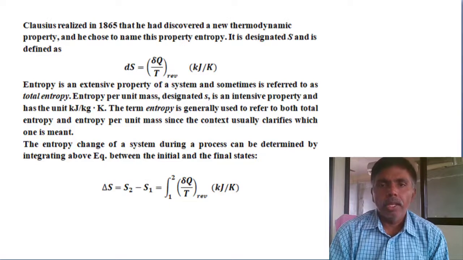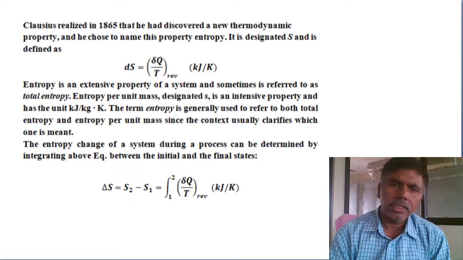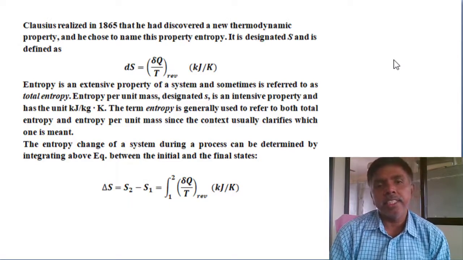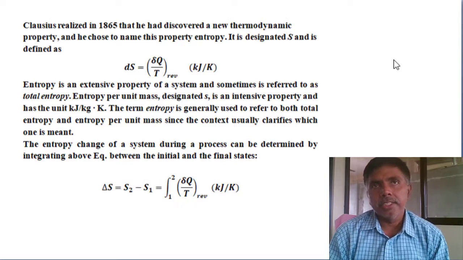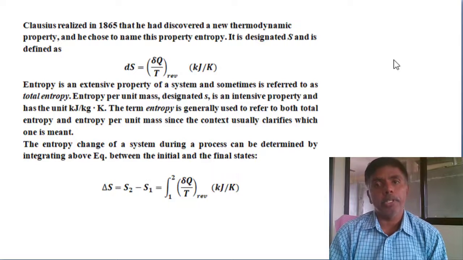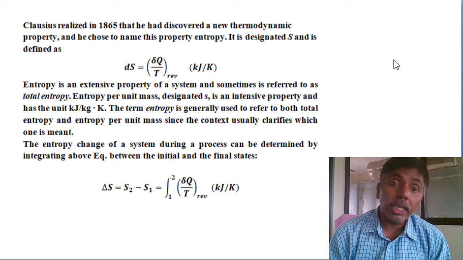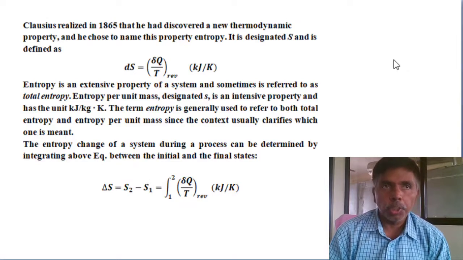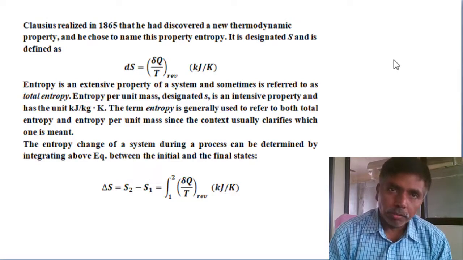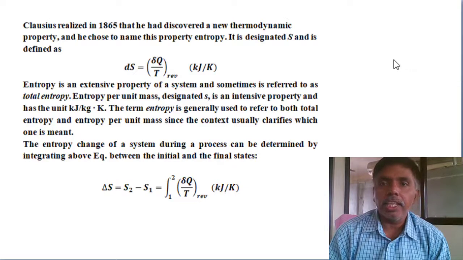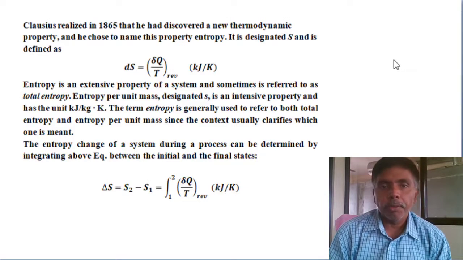Next, after Clausius realized, I think in 1865, that it is not an inequality, he introduced one new property. By using that new property, we can determine the unavailable energy. If we know the unavailable energy, we can calculate the availability of the total energy. Because if we have 10,000 kilojoules of energy, we want to calculate how much is readily convertible.